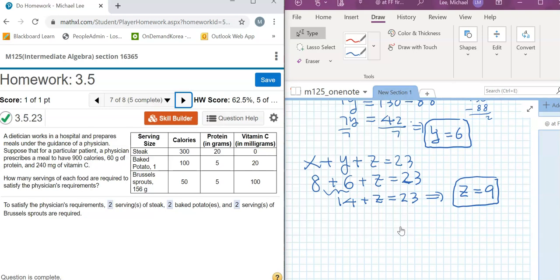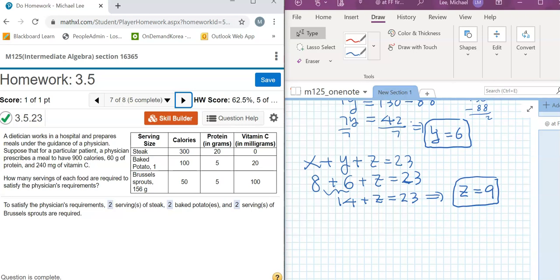It's pretty much the same as the previous one. A dietitian works in a hospital and prepares a meal under the guidance of physicians. Suppose that for a particular patient, the physician prescribes a meal to have 900 calories, 60 grams of protein, and 240 milligrams of vitamin C. So this dietitian has to decide how many servings of each food are required to satisfy the physician's requirement.